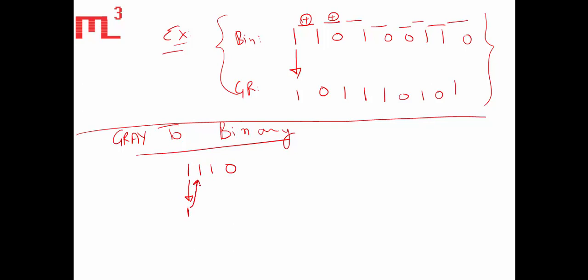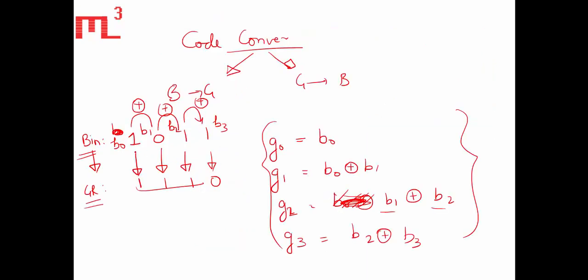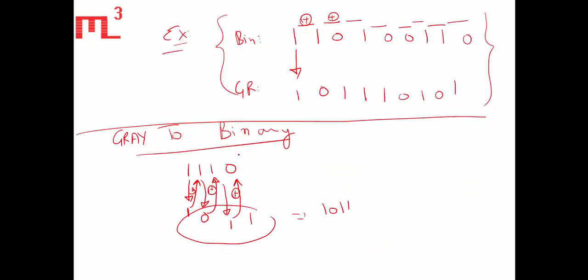Now take XOR of this and the next one and put the result here. 1 XOR 1 is 0. Now take XOR of this result and the next bit, the result is 1. Now take XOR of this one and the next one, you will get 1. So 1011 is the binary corresponding to this, and you can check that 1011 was the binary.